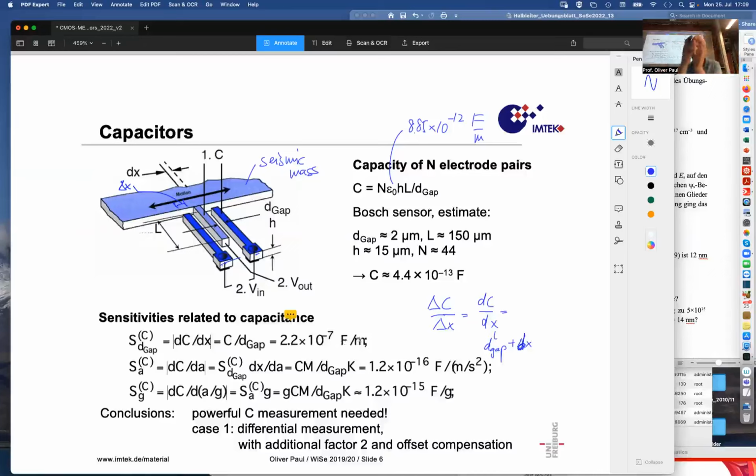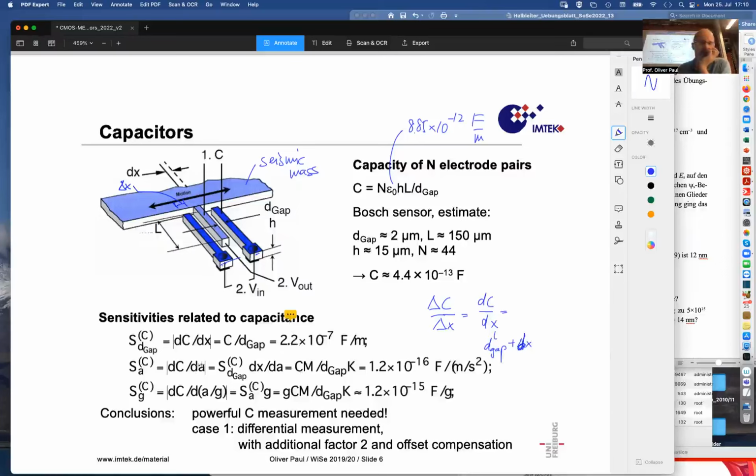So per meter of gap change, one has a capacitance change of 10 to the -7 farad. Of course, it's maybe nanometers here, which makes it 2 times 10 to the -7 nanofarad per nanometer of shift. So you see that these changes can be quite small.